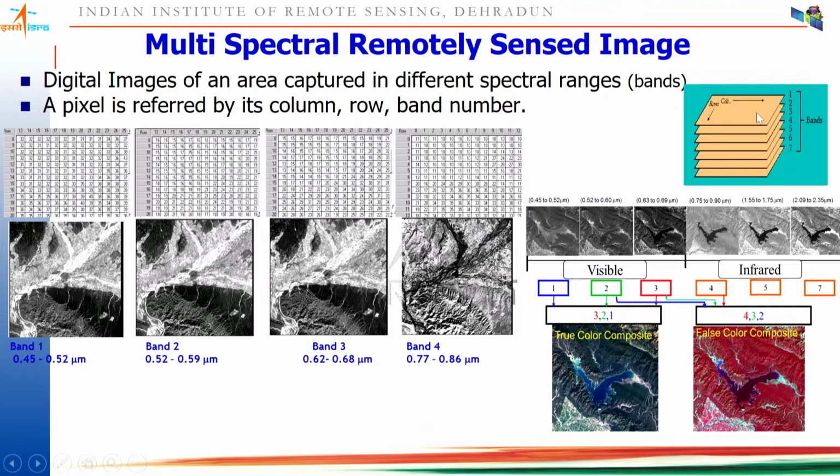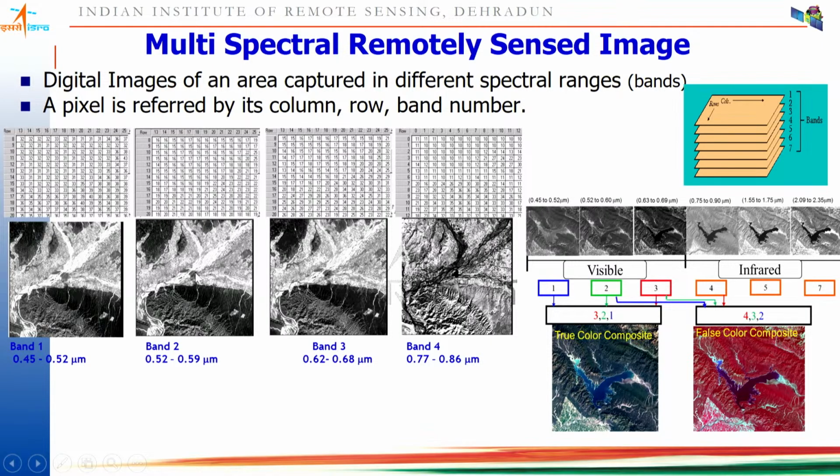So this again is a hypothetical image, and this is a component from an actual satellite image. Here the 4 different bands of a particular satellite image are displayed. Band 1 is in the spectral range of 0.45 to 0.52. Band 2 is in the spectral range of 0.52 to 0.59 and so on. And the digital values behind them are displayed here.